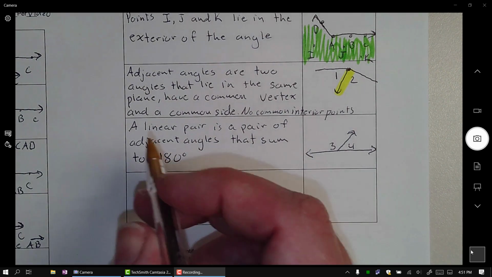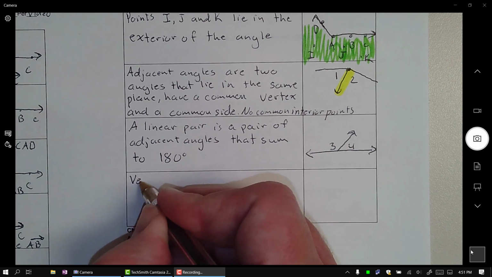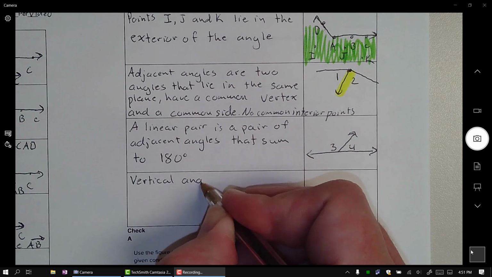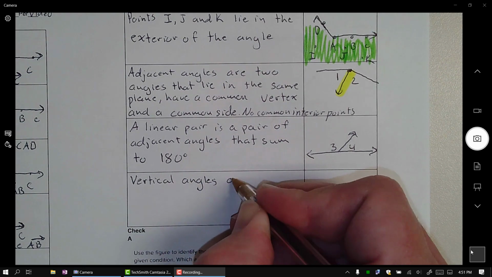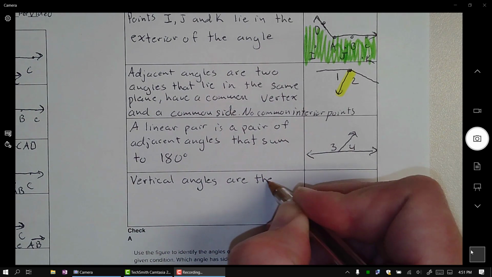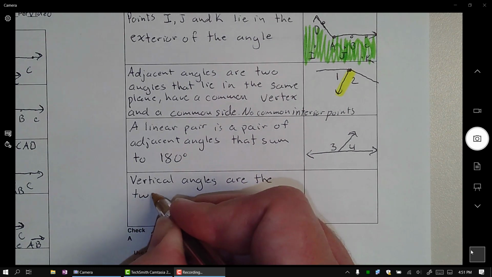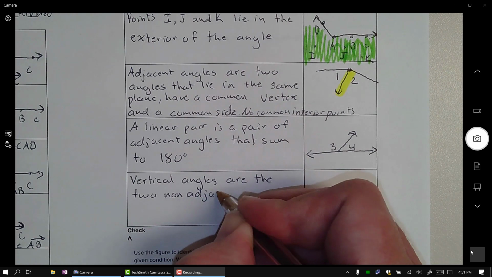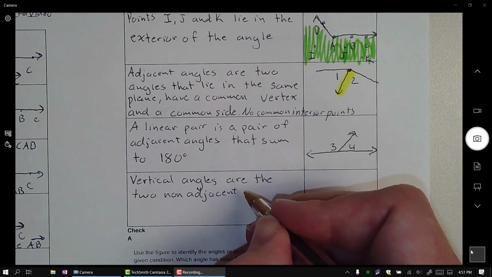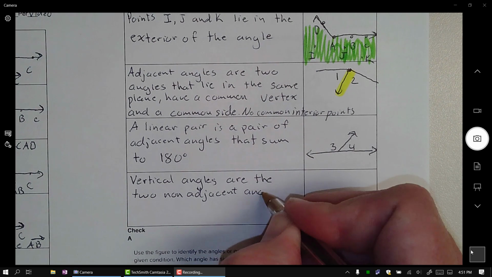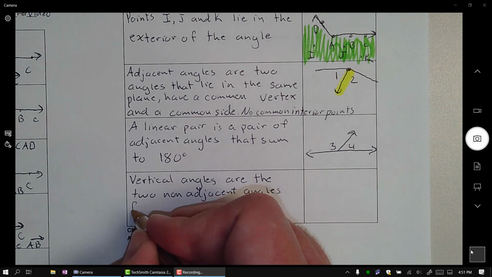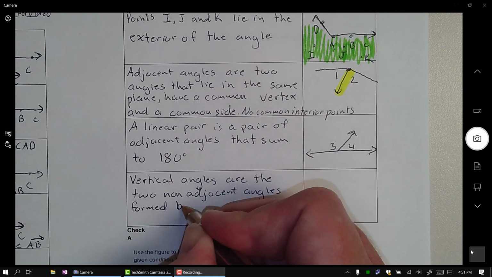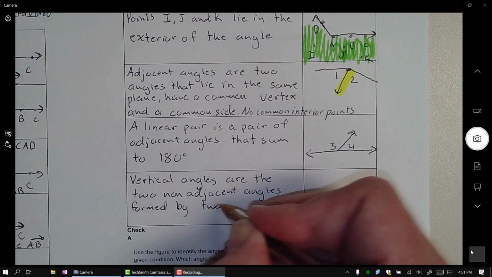And then our last one is vertical angles. Vertical angles are the two non-adjacent angles formed by two intersecting lines.